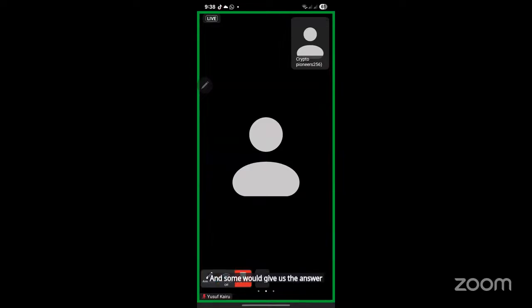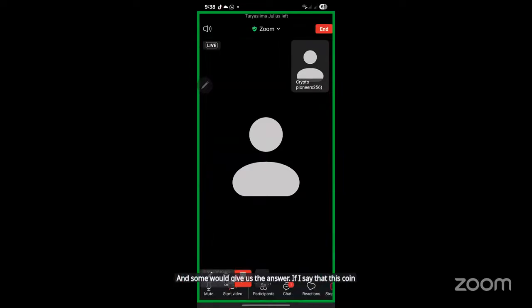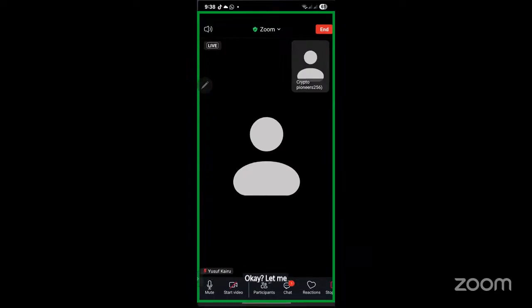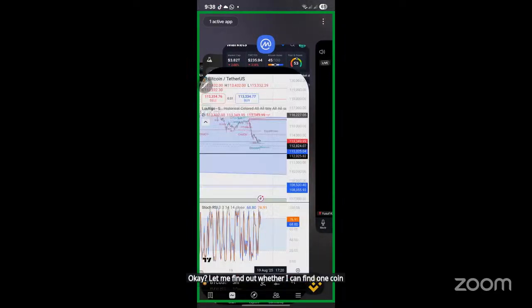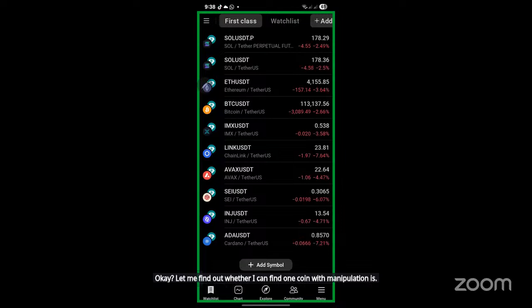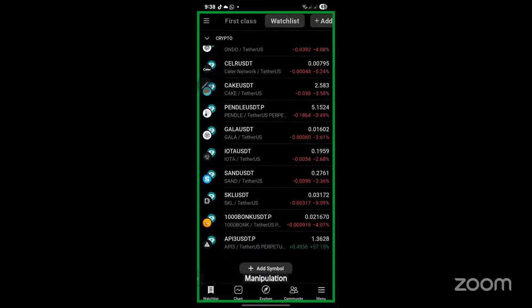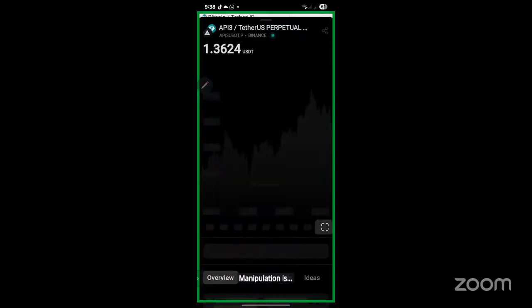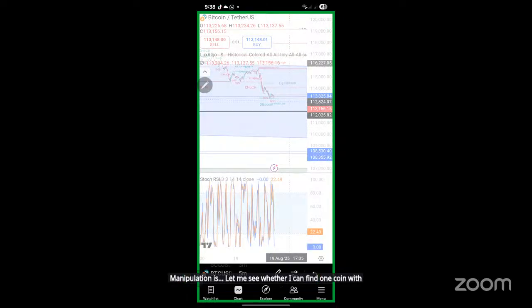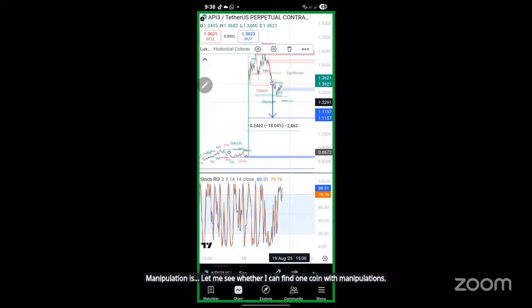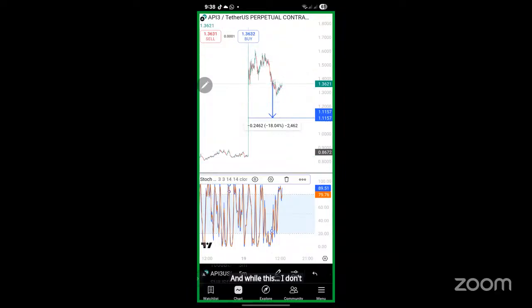If I say that this coin was manipulated, or don't trade that coin, it has a lot of manipulations, what do I mean? Okay, let me find out whether I can find one coin with manipulations.